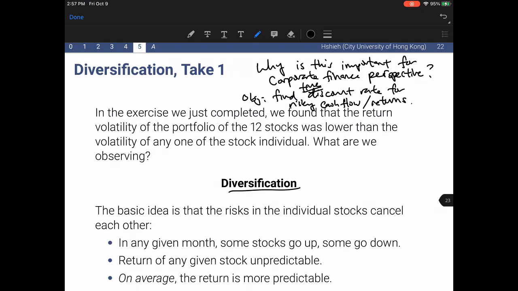So that begs the question: what kind of risk should be, put this in quotes, priced or captured by this discount rate?